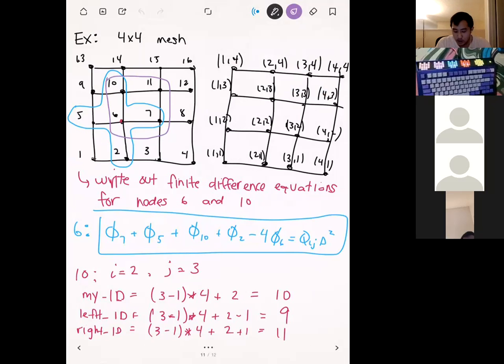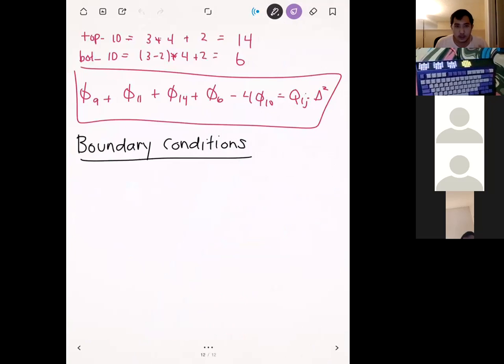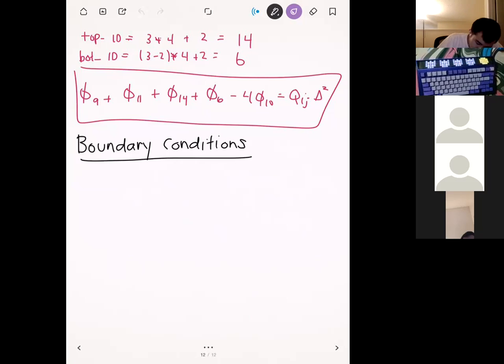But if we look at nodes like maybe 3, maybe 4, maybe 8, maybe 14, all of these are missing at least one neighbor. If we consider node number 8, it doesn't have a right neighbor because it's right on the right edge of the domain. And so for all of these nodes that sit on the edge, we have to apply a different equation, that's going to be defined by its boundary condition.